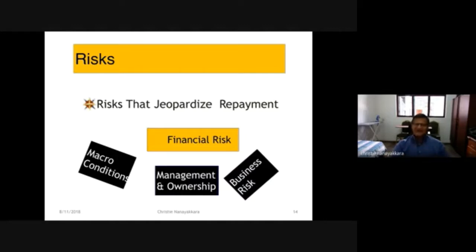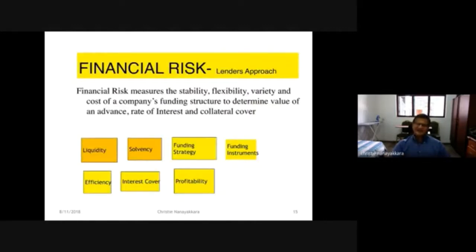So we look at financial risk first. Now, I told you in your evaluation, we evaluate financial risk and the qualitative risk.